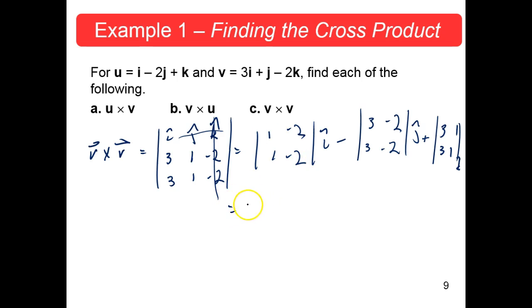What do we get? -2. -2. -4. Up diagonal is? Oh, okay, so -2 plus 2, 0i, minus -6.